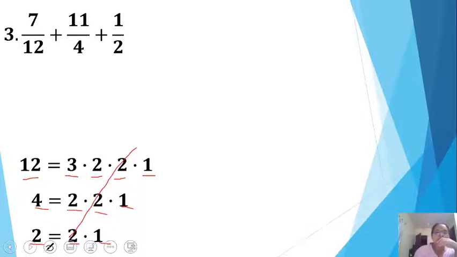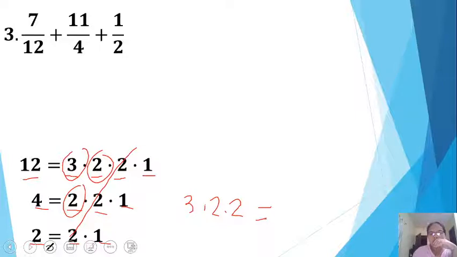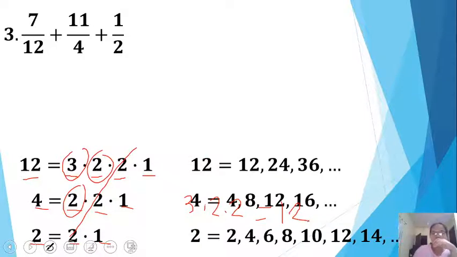So that's considered as one factor. And then we have 3. And we also have 2 in here. So that is equal to 3 times 2, 6 times 2, 12.